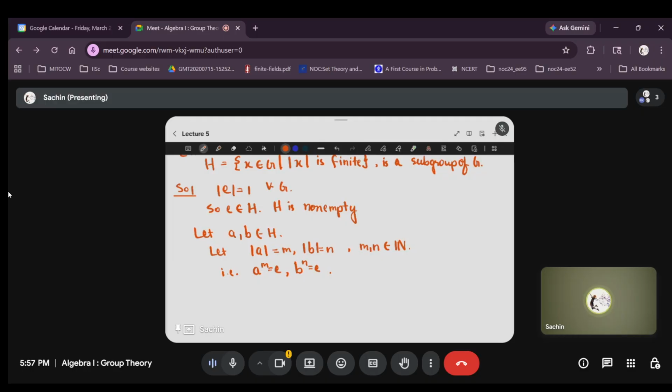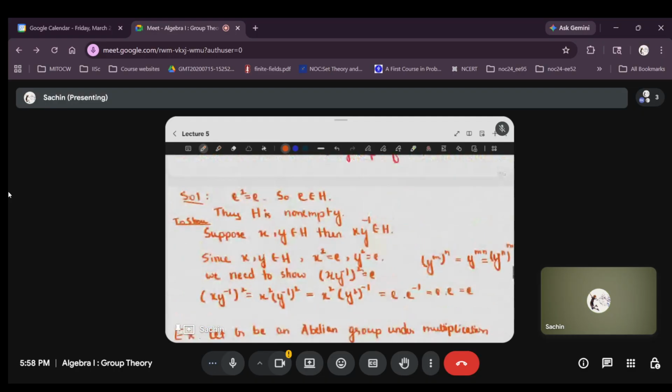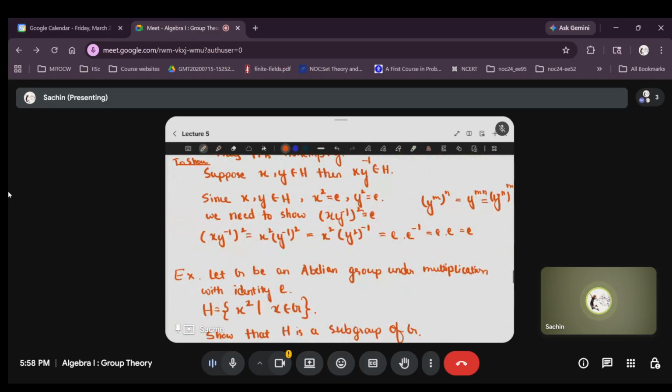Yes, we can try Mn. AB power Mn. Since it's abelian, we can write it as A power Mn, B power Mn. Then, like I showed here, with this notation, exponential laws hold.